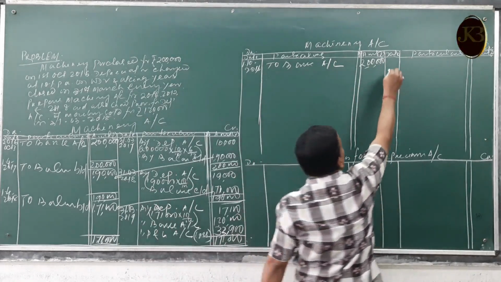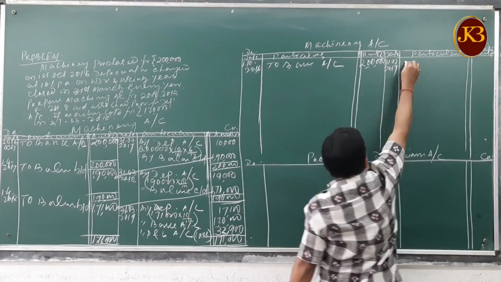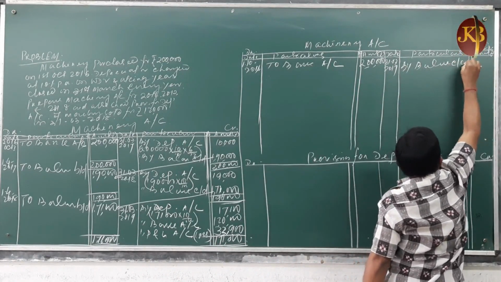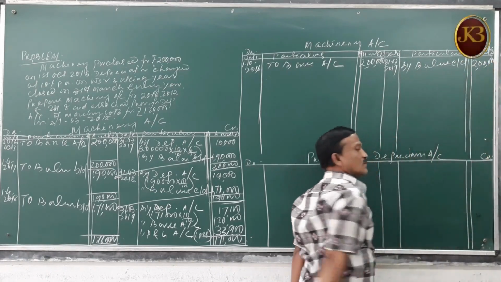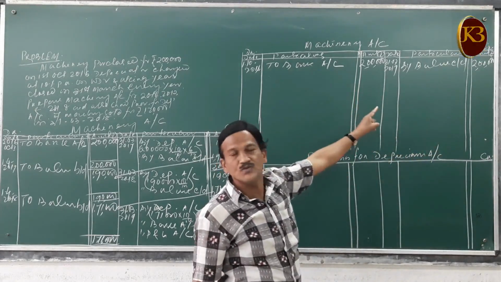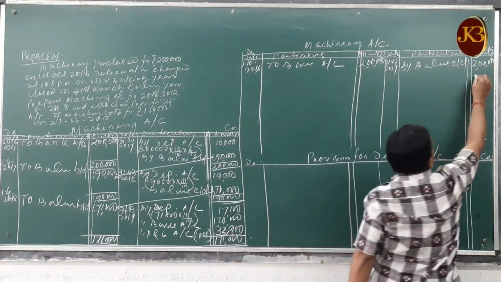So remaining balance on 31st March 2017 by balance carried down, that is 2 lakh. The same balance will be carried forward. There will be no changes because provision for depreciation is charged. So this is 2 lakh.